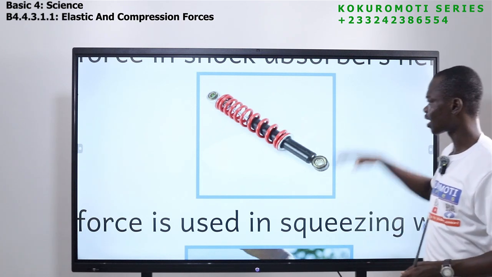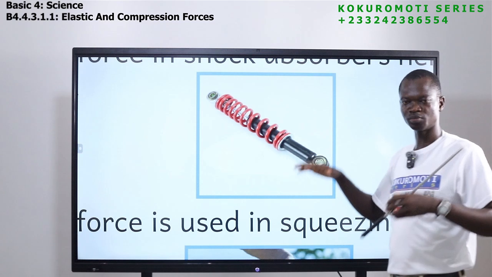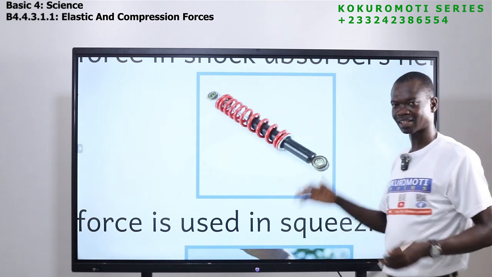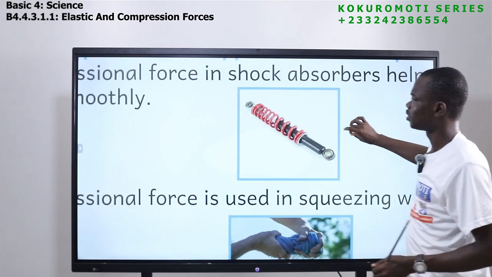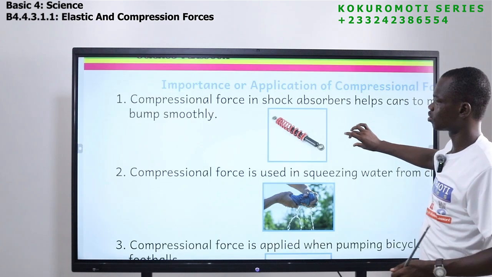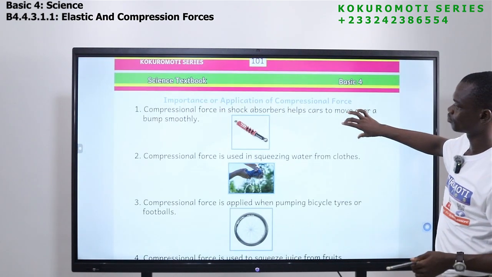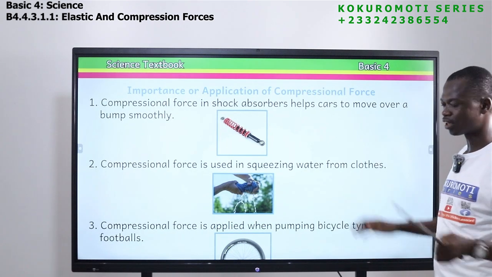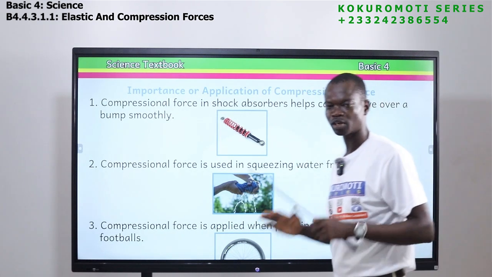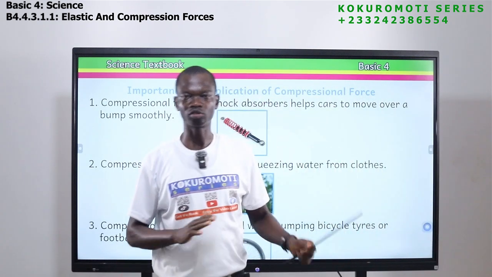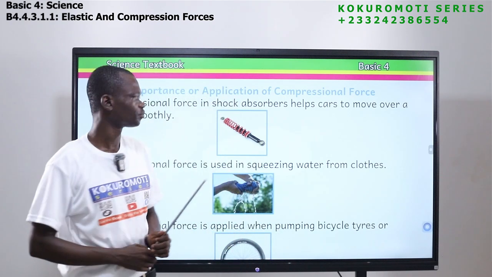It helps the car to be in good position. It balances the car when it is moving on rough roads and potholes. So if the road has a lot of potholes, the shock absorber will help the car to balance well.